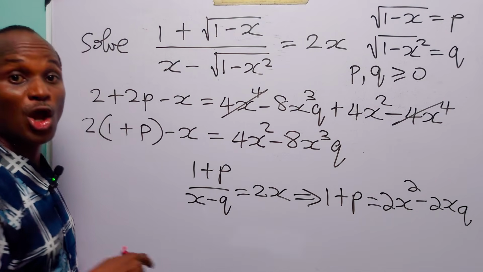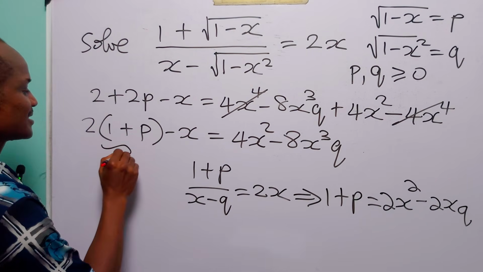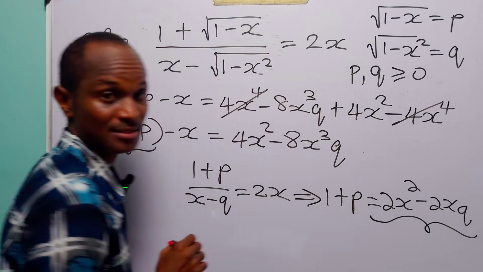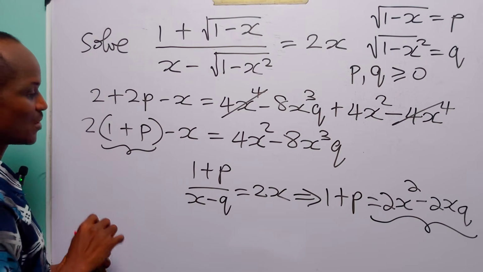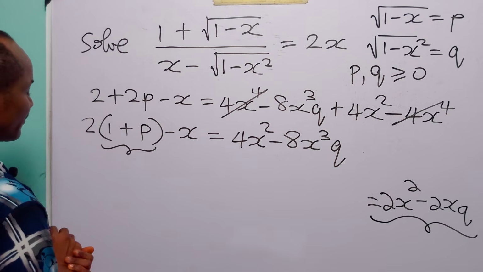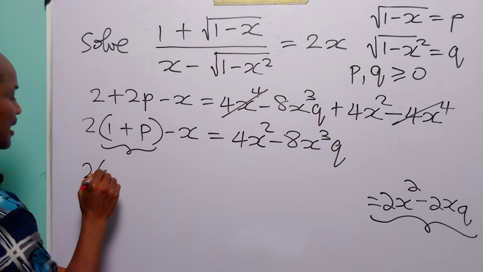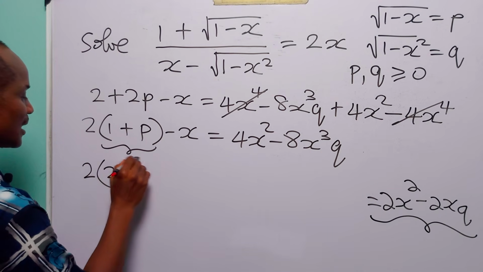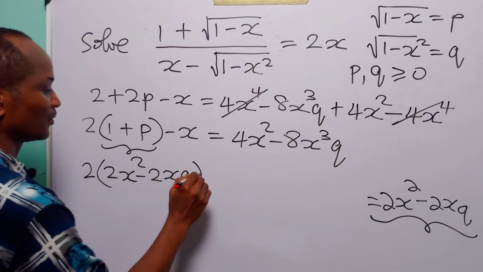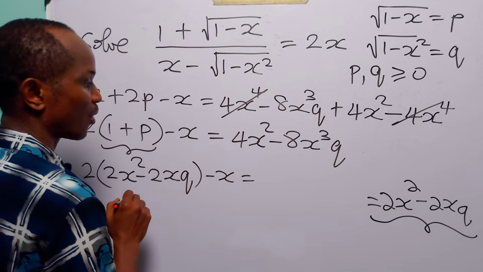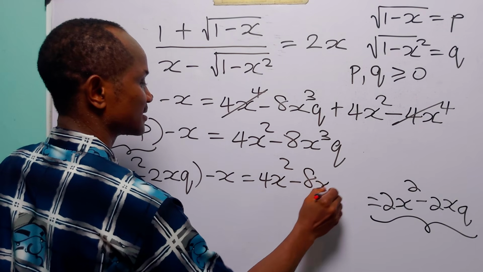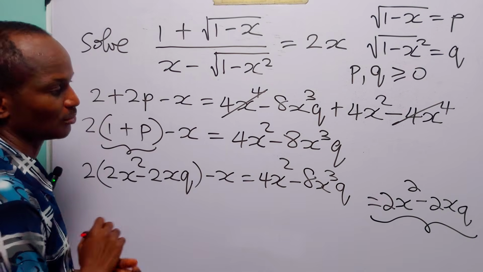So that means that we can replace this 1 plus p with this. When we do that, we have 2 times (2x squared minus 2x cubed q) minus x is equal to 4x squared minus 8x cubed q.